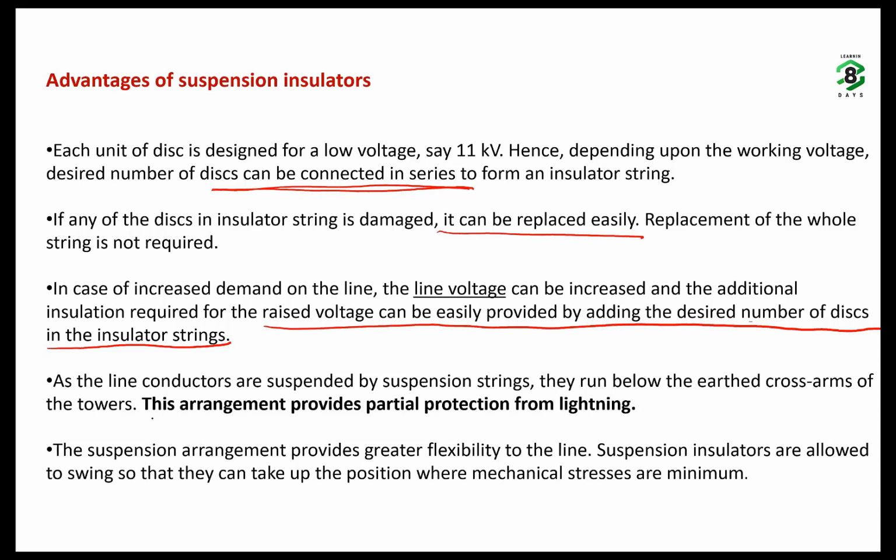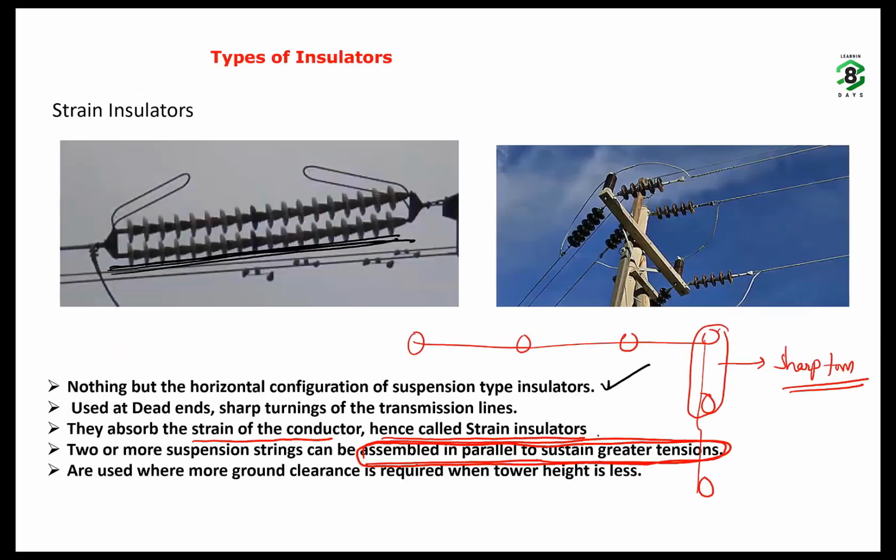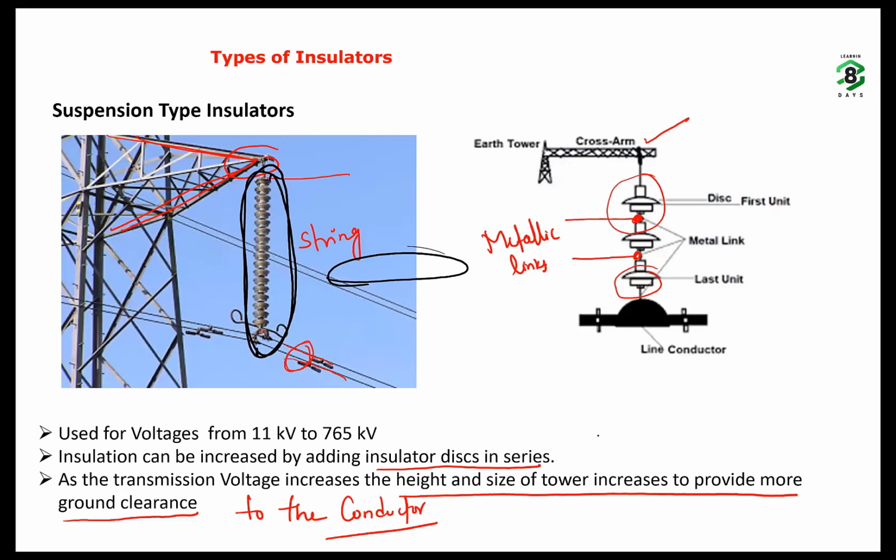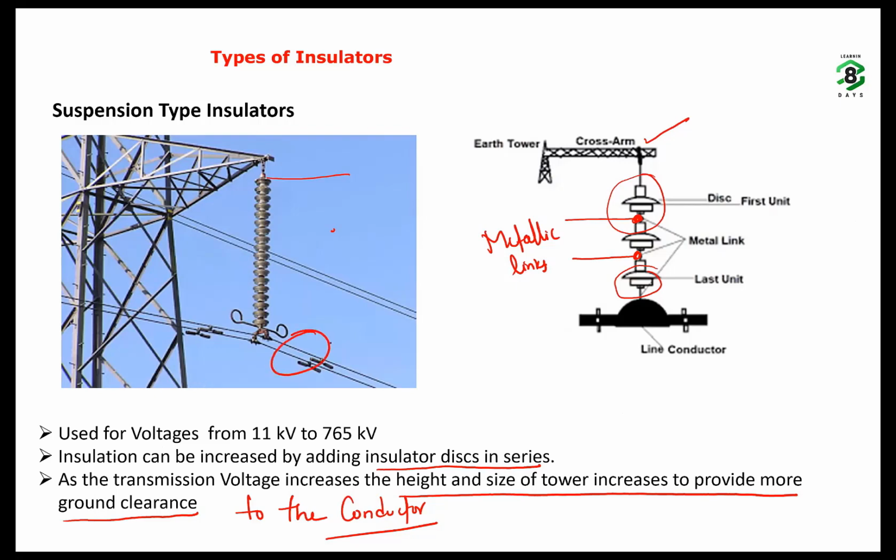Okay. So what he is telling in this point: if you observe this first image, where is your transmission conductor? Your transmission conductor is here. Your cross arm is here. This cross arm is connected to the tower and this tower is connected to the ground. So the voltage of the cross arm and tower is 0. Your transmission conductor is far below this cross arm.